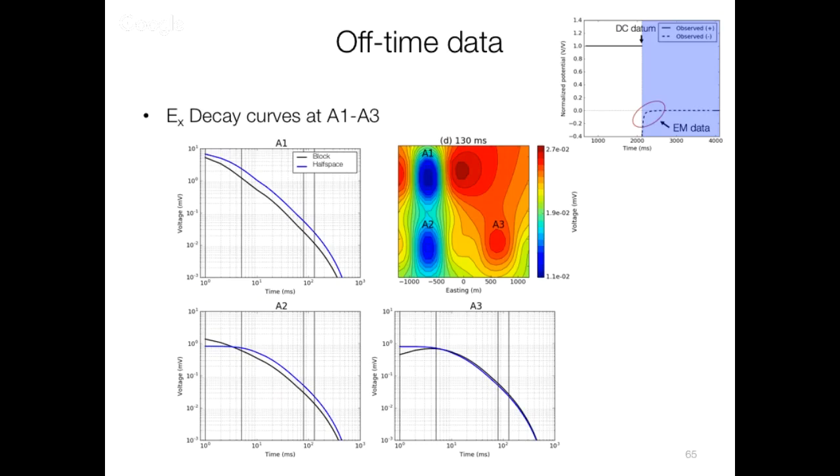If we look at decay curves at these 3 places, A1, A2, A3, the blue line is the reference half space, and the black line is the response sitting over here on A1.